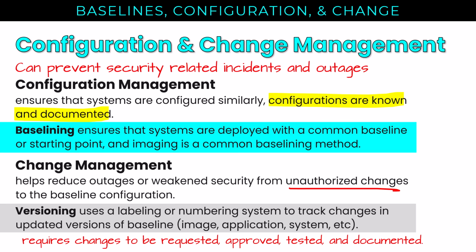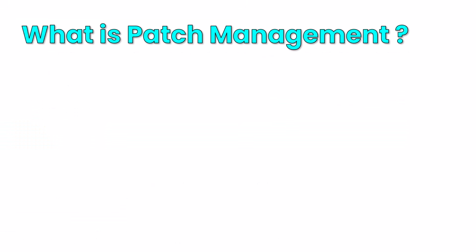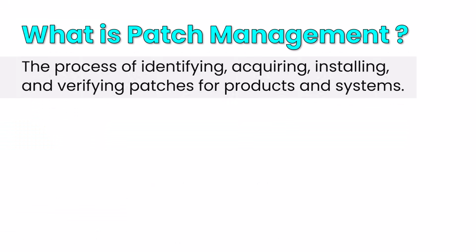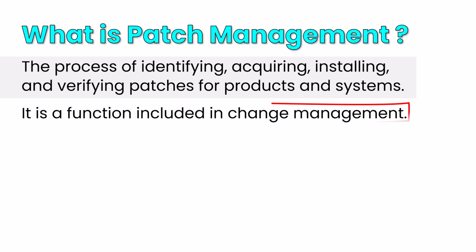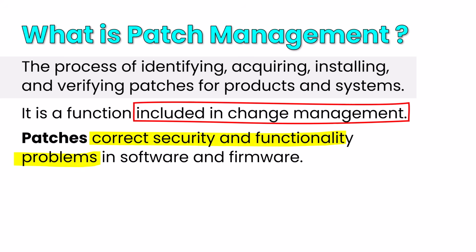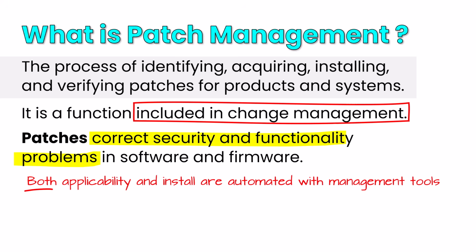So finishing up security hygiene here at the end of section 1.3, we have patch management. This is the process of identifying, acquiring, installing, and verifying patches for products and systems. It's a function included in change management. Patches correct security and functionality problems in software and firmware.